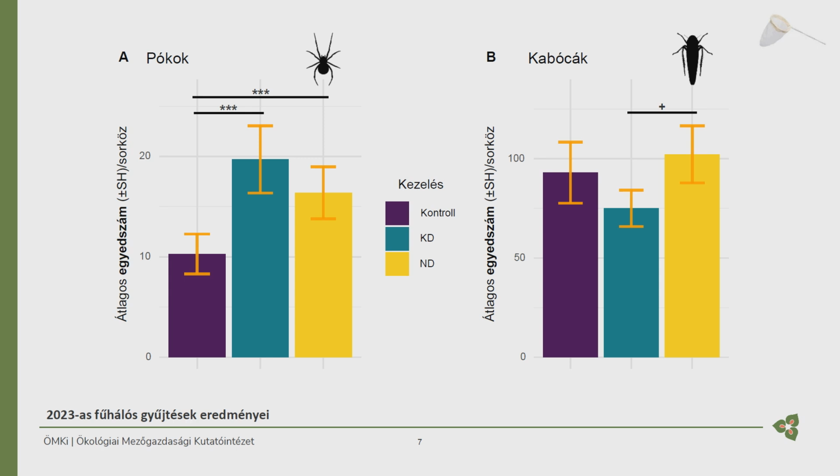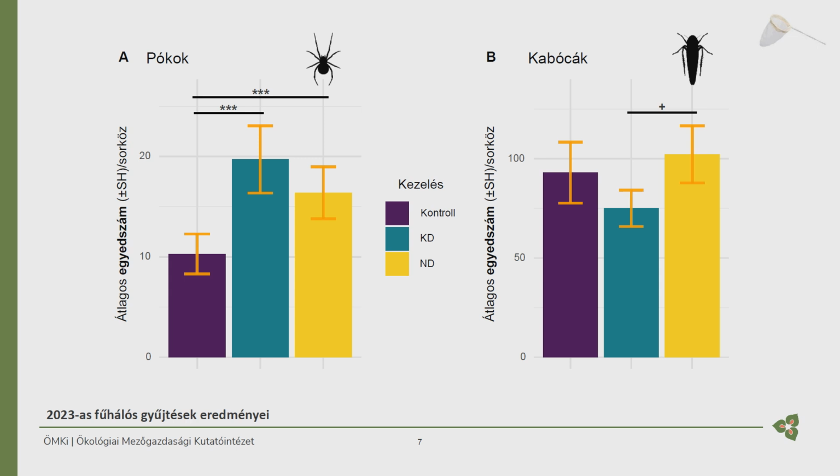The dark magenta color shows the control sites, and the green color shows the low diversity cover crops, and the yellow means the high diversity mixture cover crop areas.